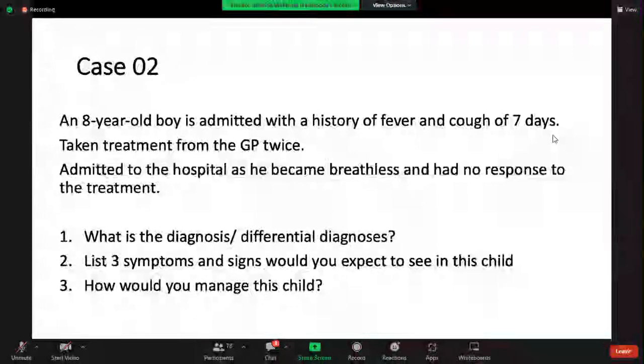When you talk about management, what does that consist of? Investigation and treatment. Yeah, good. So it should include investigations and treatment. Okay. So then what investigations would you do in this child?